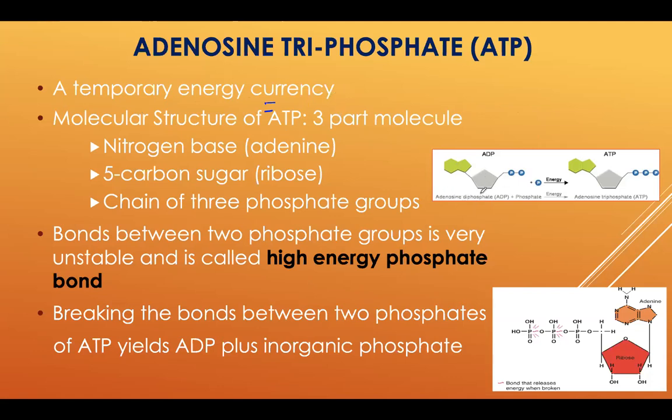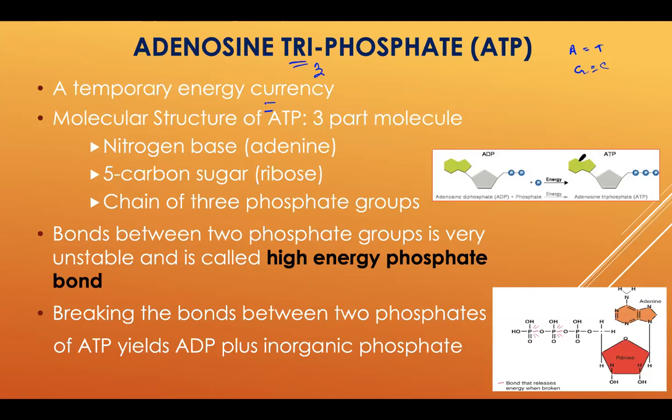This is the structure of ATP, adenosine triphosphate. Tri means 3, so there are 3 phosphate groups. Adenosine: you know A, T, G, C, adenine, thymine, guanine, cytosine, you have already studied that.